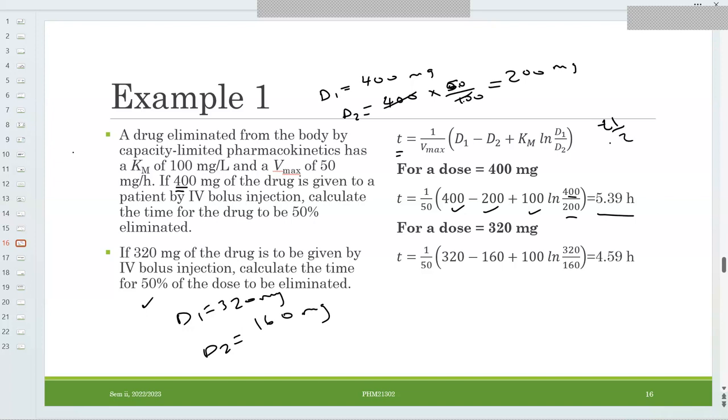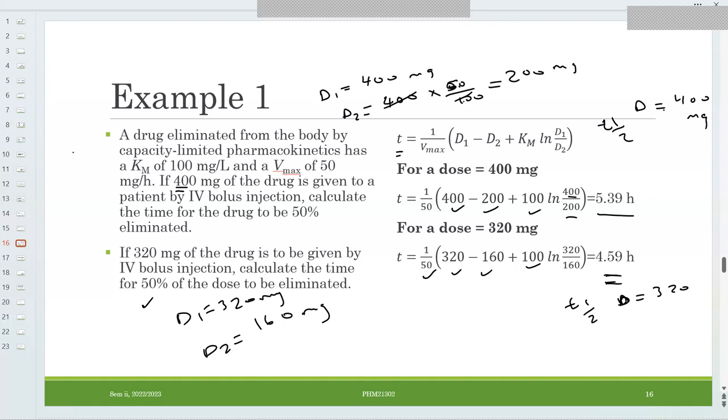So actually this one is the T-half when the amount of drug in the body is 400 milligram. Let's calculate here with the same Vmax, same Km, but D1 and D2 are different. You get a different value. Here we are calculating T-half when the amount of drug in the body is equal to 320.